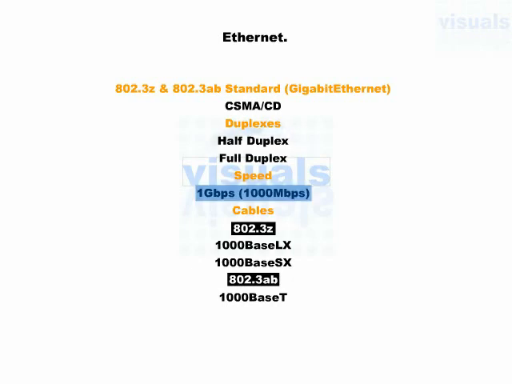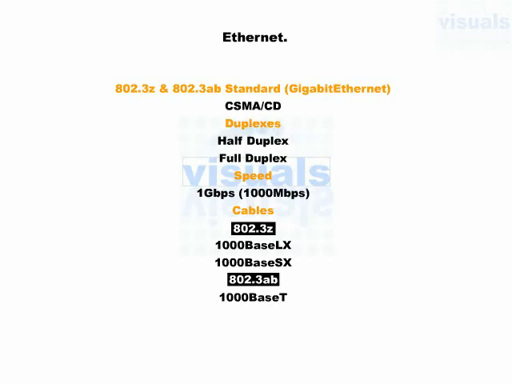The rate provided by both these standards is 1000 Mbps or 1 Gbps. Both these standards use different cables providing the data transmission rate of 1 Gbps.